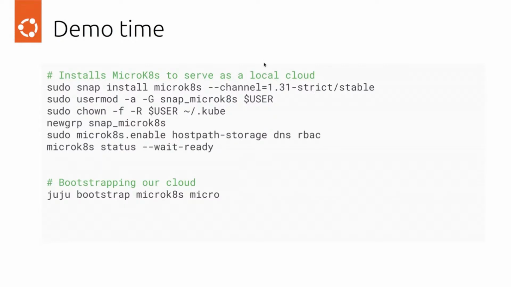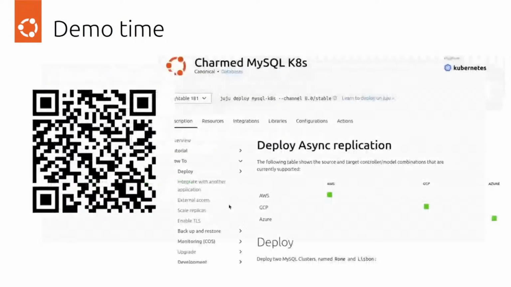We have pretty much all of this in our documentation, but I wanted to show it to you here because in the next section we are going to talk about what we call async replication or cluster-to-cluster replication. In the documentation, by the way, you can scan this QR code and it will move you there where we are going to continue this demo.